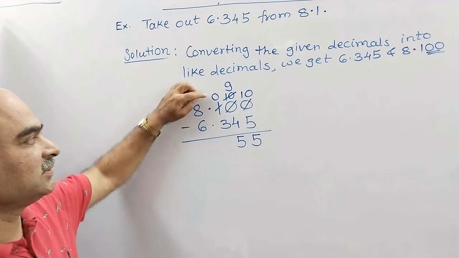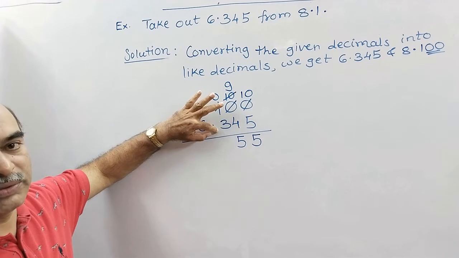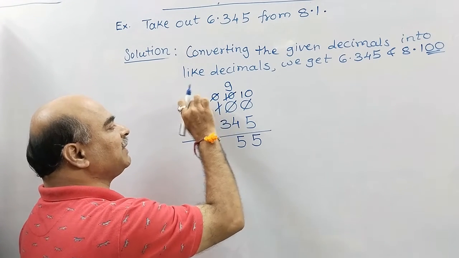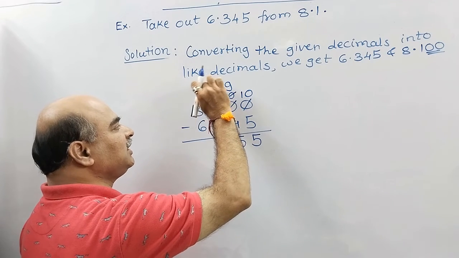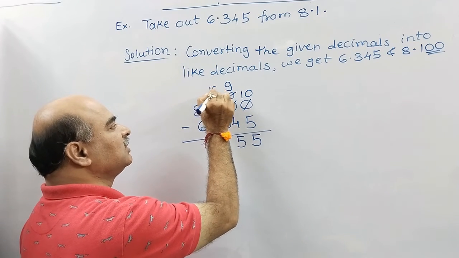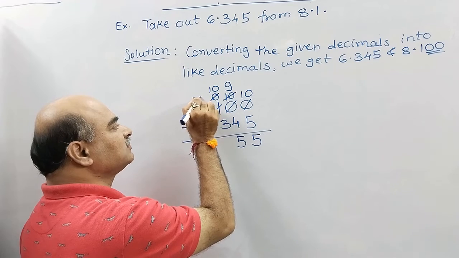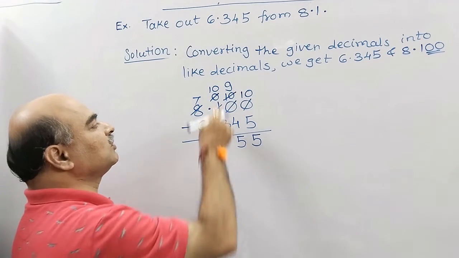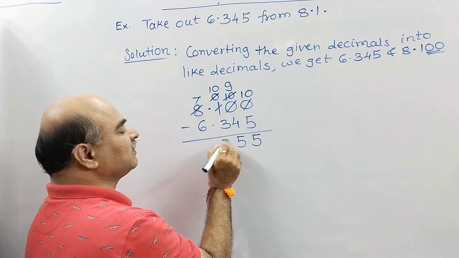Now the next place, 0 minus 3, it is not possible, so we have to borrow 1 from this 8 place. 8 gives 1 to this place, so 8 becomes 7. 1 is borrowed by the place. So now 10 minus 3 is equal to 7.